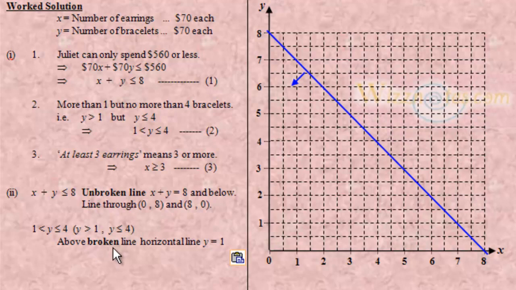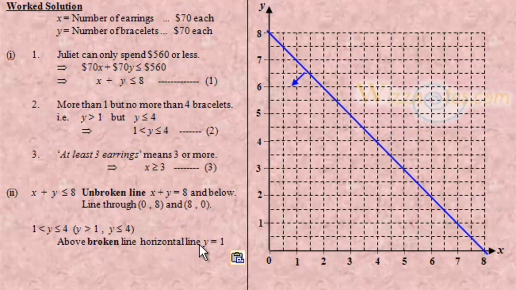The broken line is just being used as a boundary for the y greater than 1. So because the equal is not there, we draw a broken line to indicate that we do not want the line itself to be a part of the inequality, and that only the region above the line we will want.